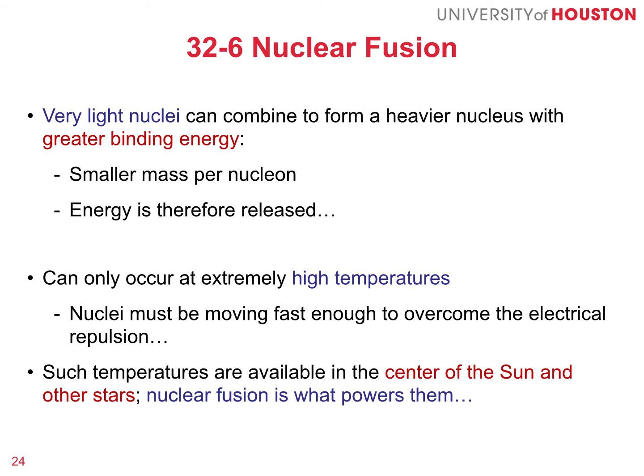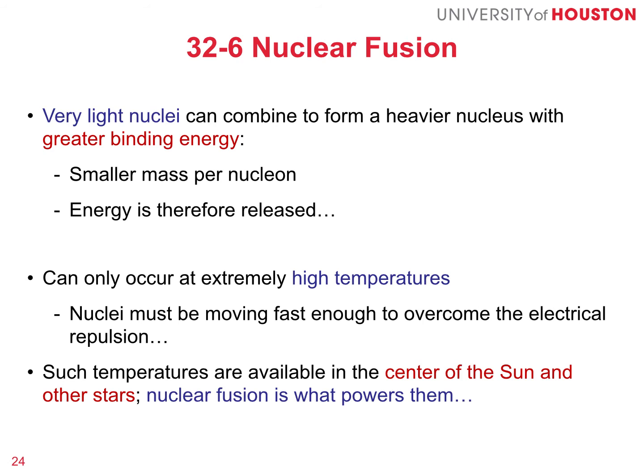Nuclear fusion is the opposite of nuclear fission, but it actually has the same effect. What happens with nuclear fusion is two lighter nuclei combine to form a heavier nucleus, but the mass of the heavier nucleus is less than the light nuclei that form the nucleus in the first place.